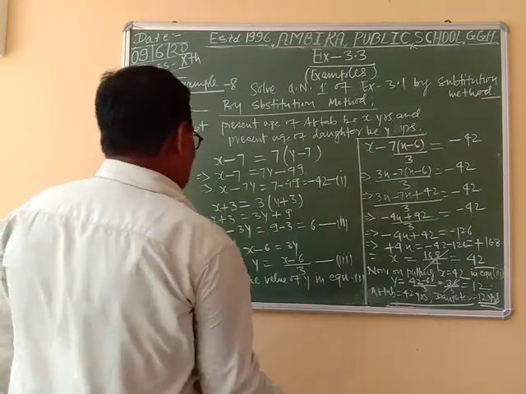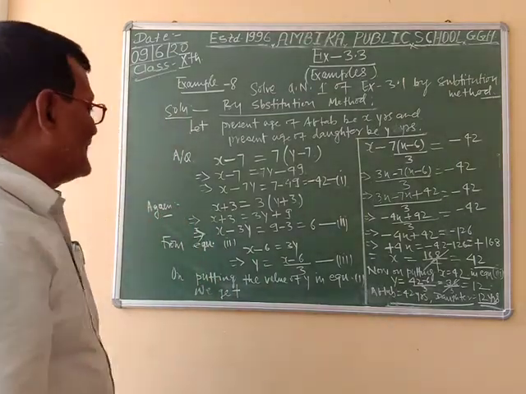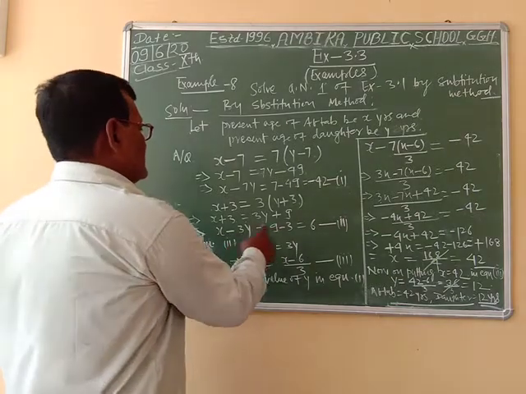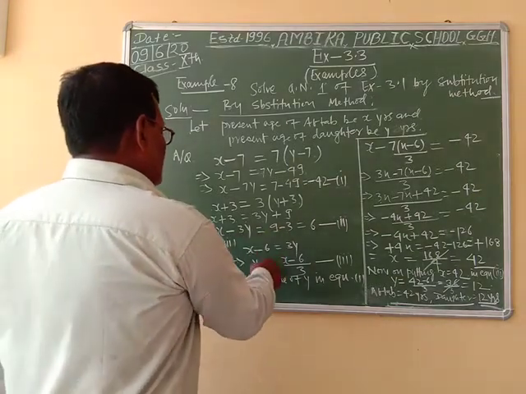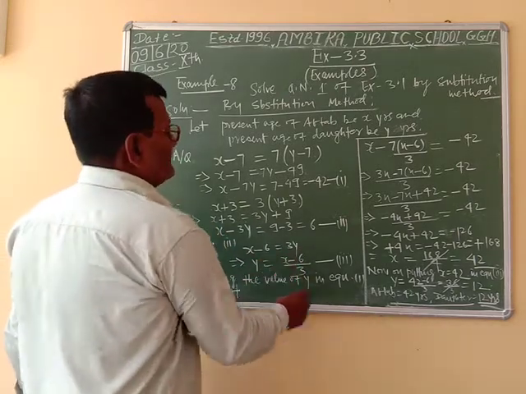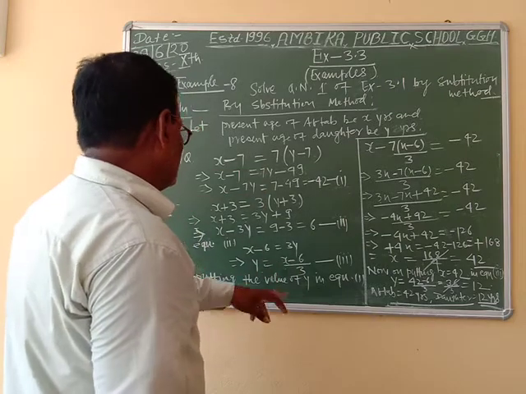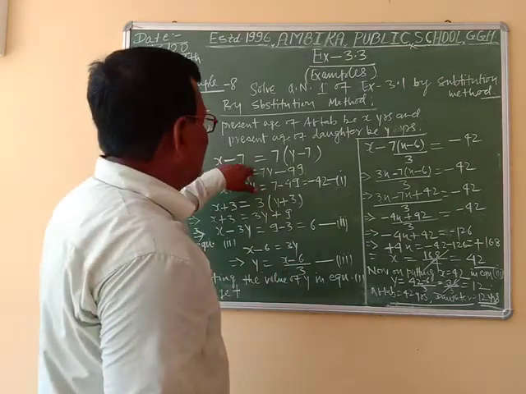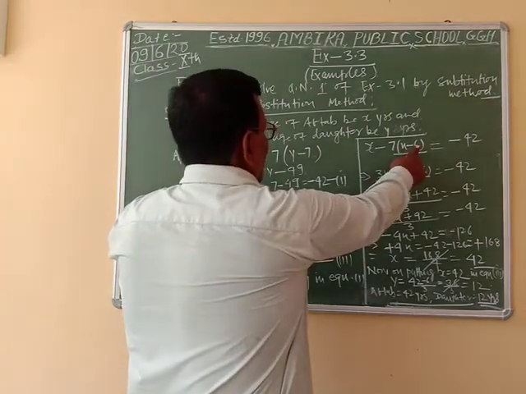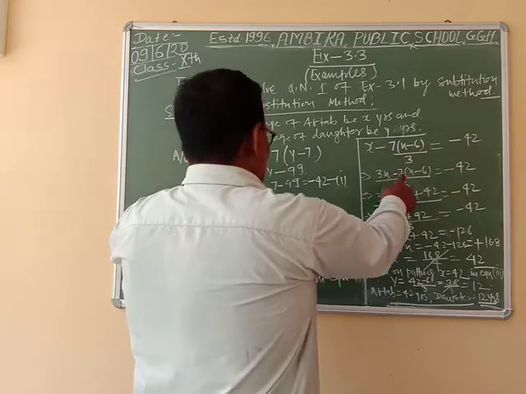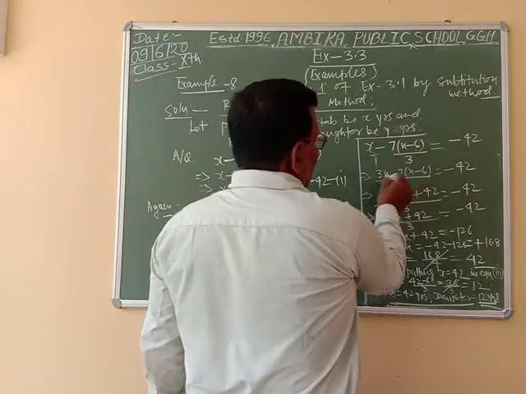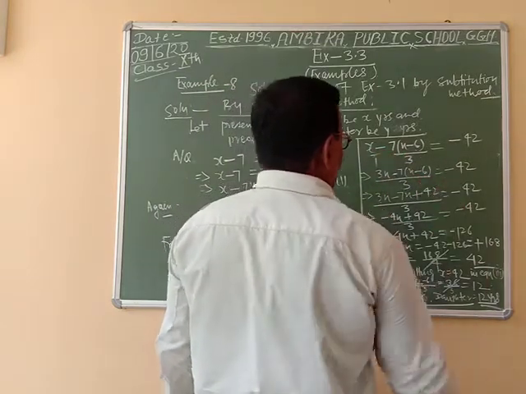Now we express y in terms of x from equation 2. x minus 6 is equal to 3y, or y is equal to x minus 6 by 3. On putting the value of y in equation number 1, we get x minus 7 into the value of y, x minus 6 by 3, is equal to minus 42, or 3x minus 7 into x minus 6 by 3 is equal to minus 42.